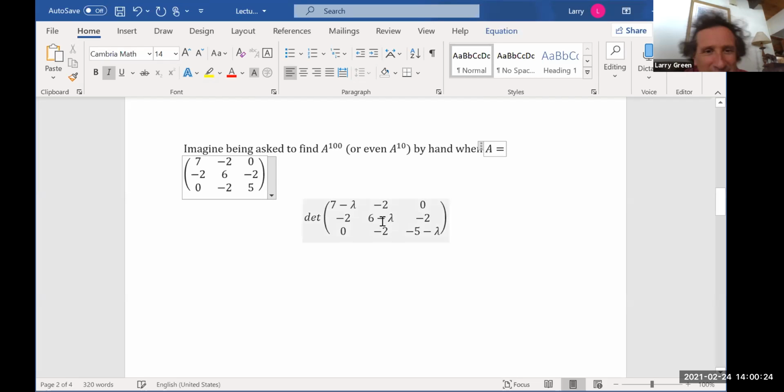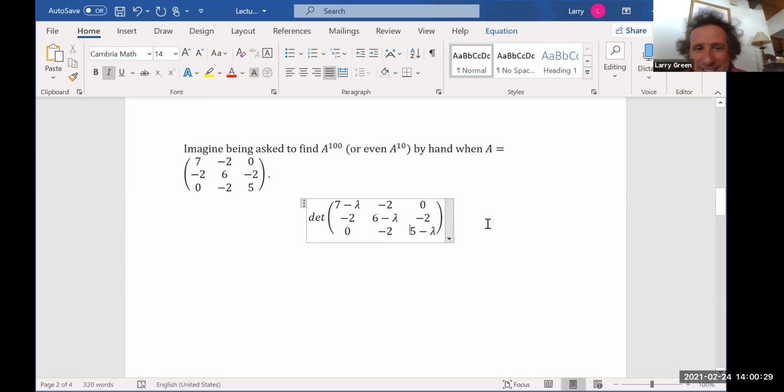That's why you're having troubles. That negative shouldn't be there. I apologize. Let me do it then. Sorry about that. There was a typo. Then it's easy. Okay, but you still do A minus lambda I. And then I'm going to go along the first column because there's a 0 there. So that's equal to, sorry about the typo.